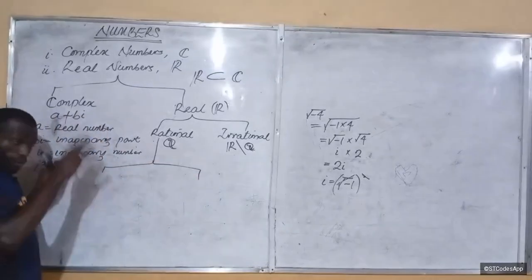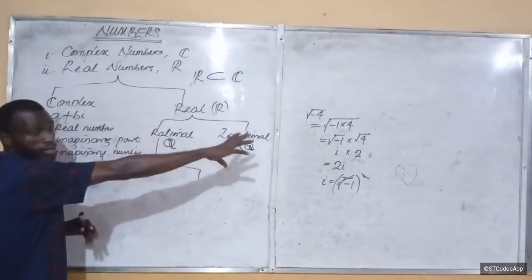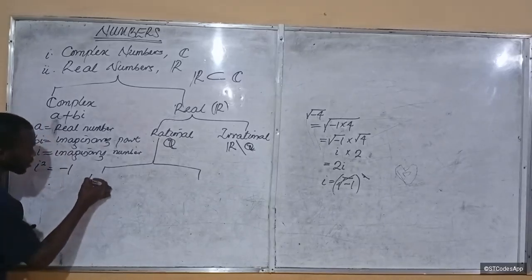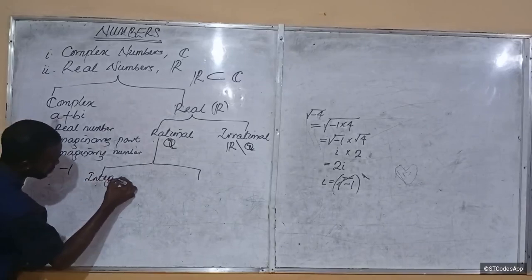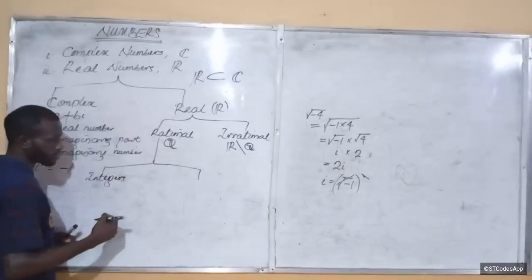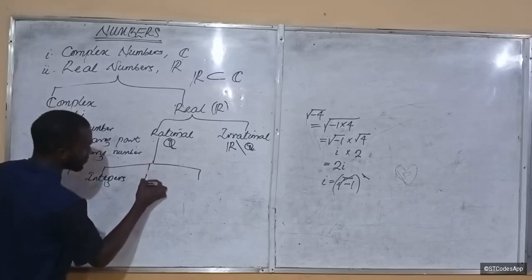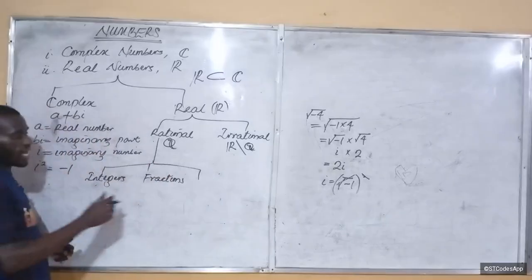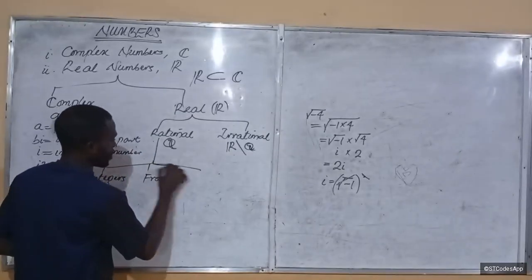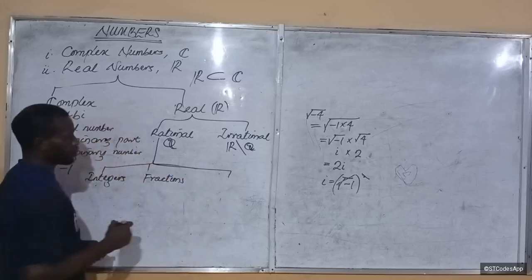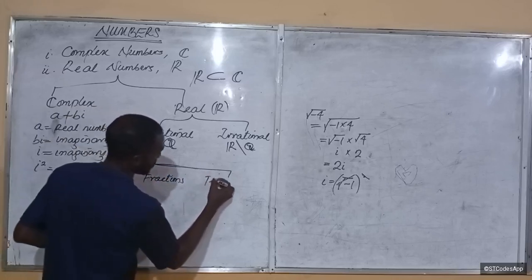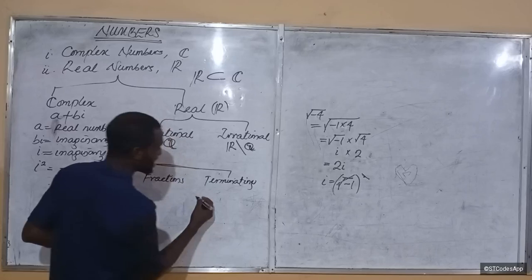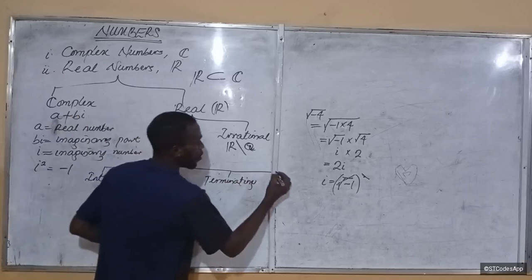All right, then my rational number is now the broadest classification, I mean, the one that is further divided again. This one stops there, okay? So this one is now further divided into what is called integers that we use a lot. It's also divided into fractions, and it's also divided into terminating decimals and recurring decimals.